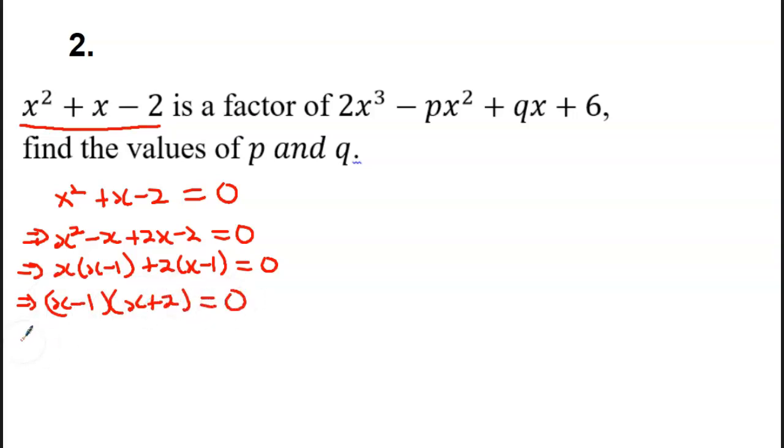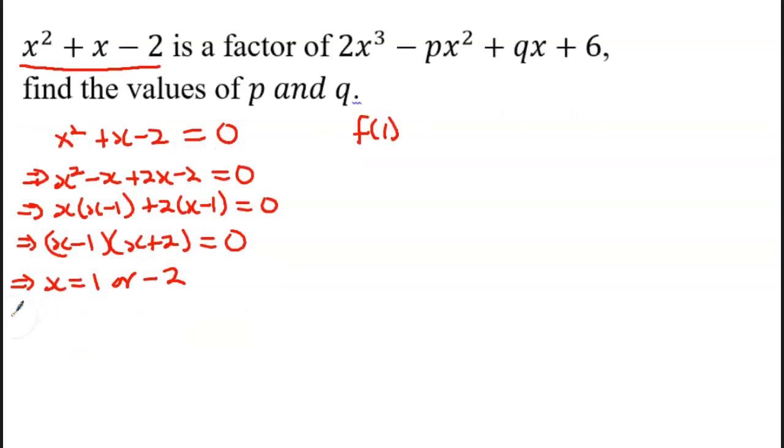This implies that x is equal to 1 or minus 2. So from the factor theorem, f of 1 is equal to 0 and f of minus 2 is equal to 0. We are going to generate two equations which involve p and q, and then we solve them simultaneously.